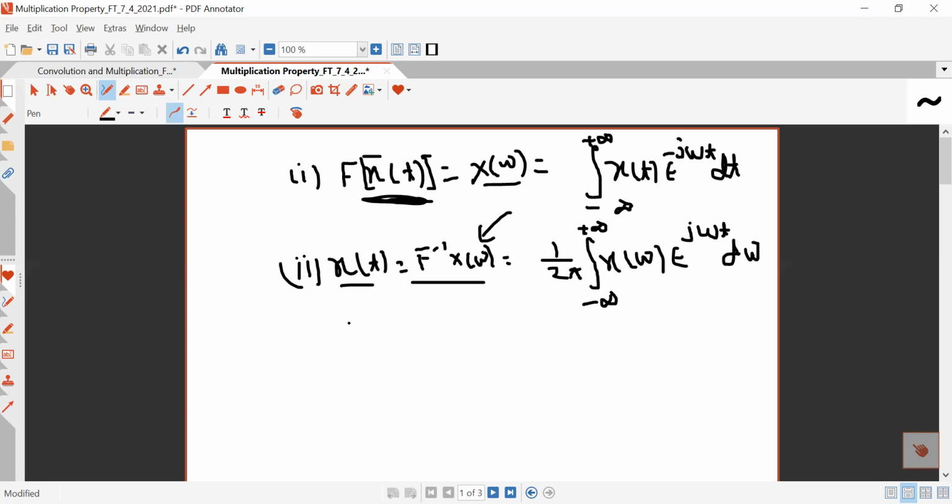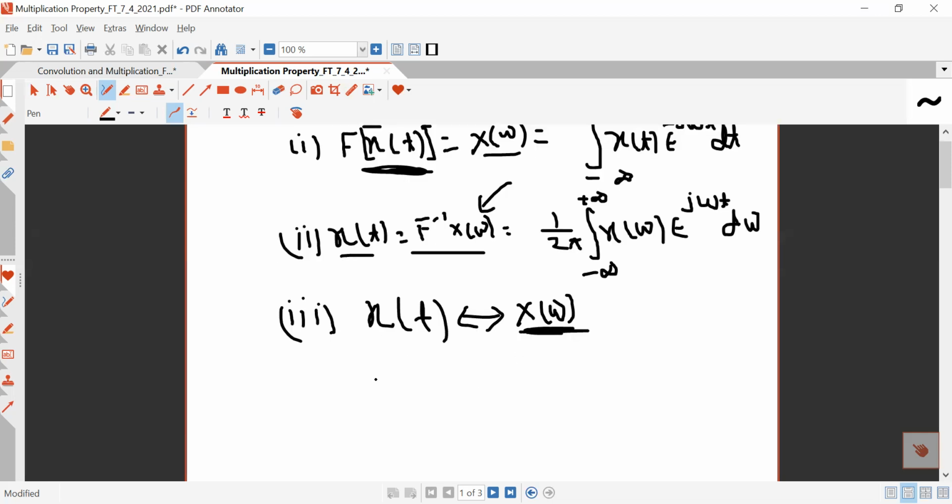And the third thing you must remember is the frequency shifting property. The frequency shifting property is: if the Fourier transform of any signal xt is X omega, then its transform will be shifted if you multiply the term e to the power j omega naught t in xt.